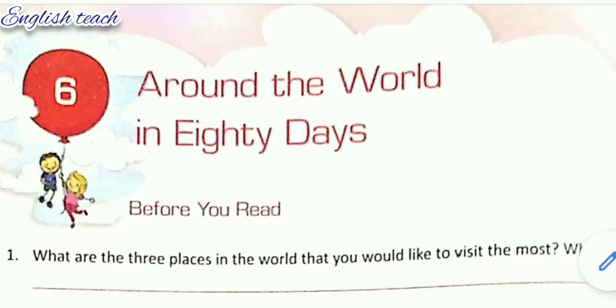In this video, I am going to teach you the chapter Around the World in 80 Days, Class 7 CBSE. Before that, I want to introduce the characters of this story.